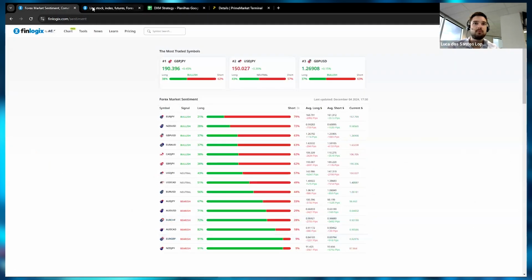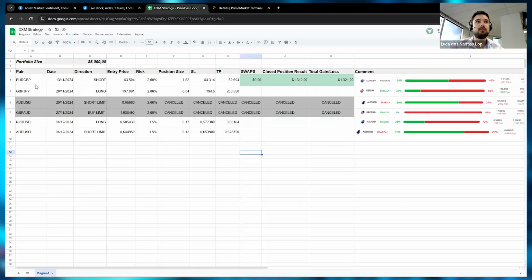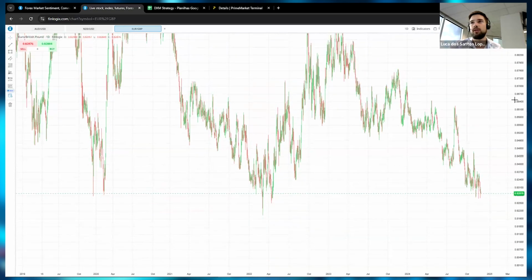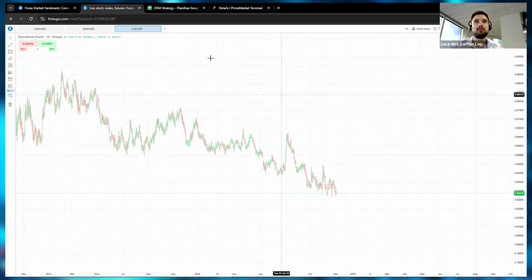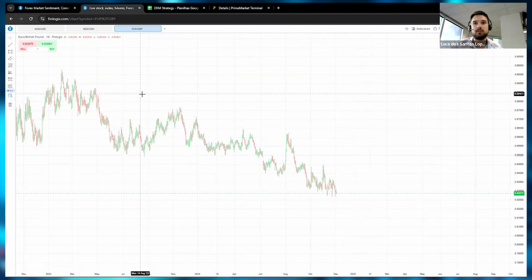Euro pound short. We caught a good trade short on Euro pound. At the first trade we got, Euro pound was short. That was a good trade. Imagine if we're still holding that trade. It's going to be pretty good on the 13th of 11.